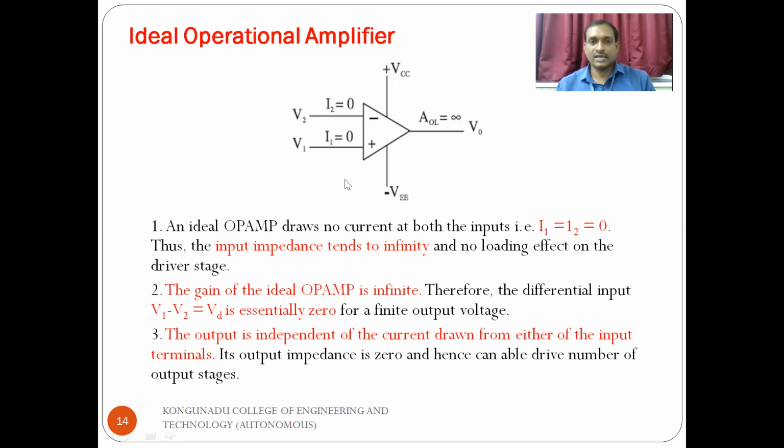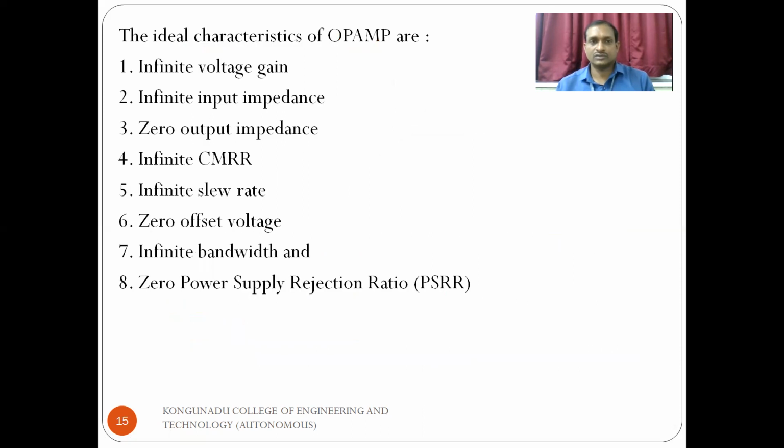So the main characteristics: I1 minus I2 is equal to 0, so it draws no current from both inputs. Second, gain is infinity, so V1 minus V2 is equal to 0. Third, the output is independent of the current drawn from either of the input terminals. These are the other characteristics of the ideal operational amplifier.